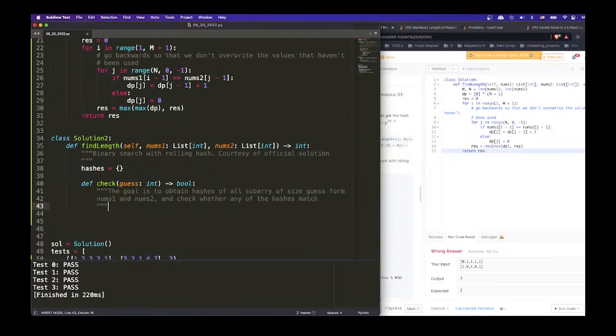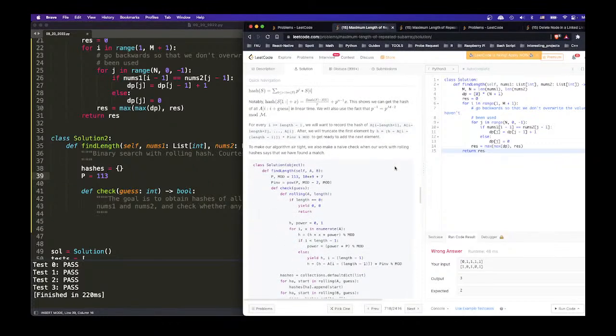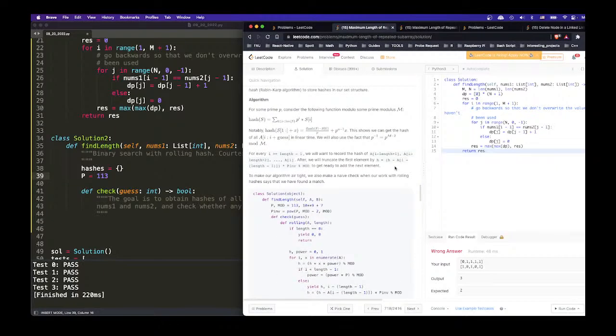Yes, that's our goal. So we need a big prime number. How do you get 113? Mod. Do we mod? They do mod. And let's not mod, see what happens.